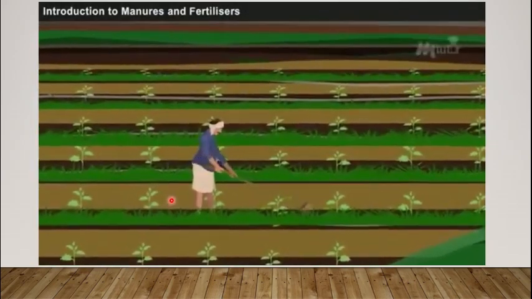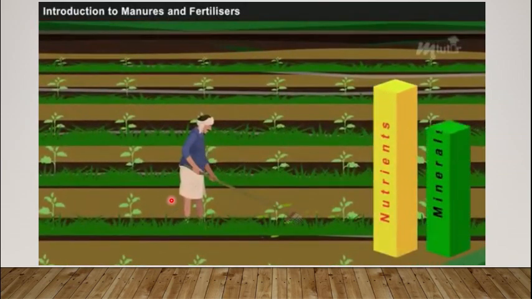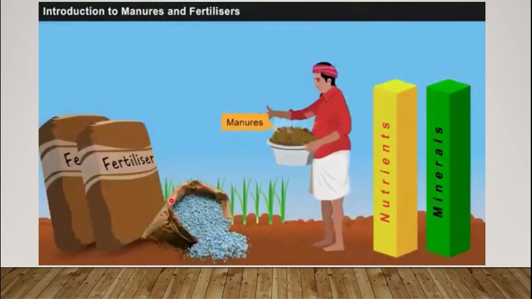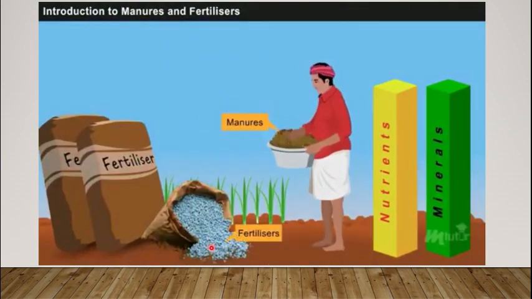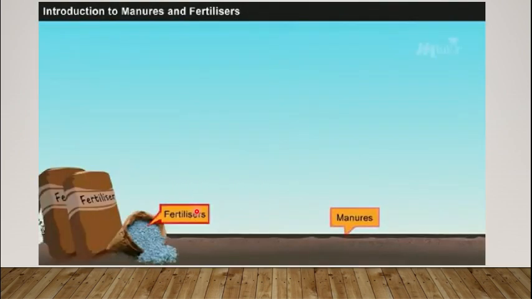So, a farmer should maintain the level of nutrients and minerals by some other ways. These are by adding manures or fertilizers. Manures come from organic waste, while fertilizers are prepared in the labs.